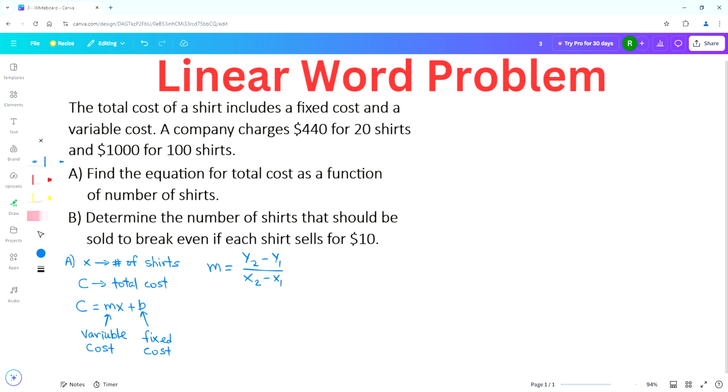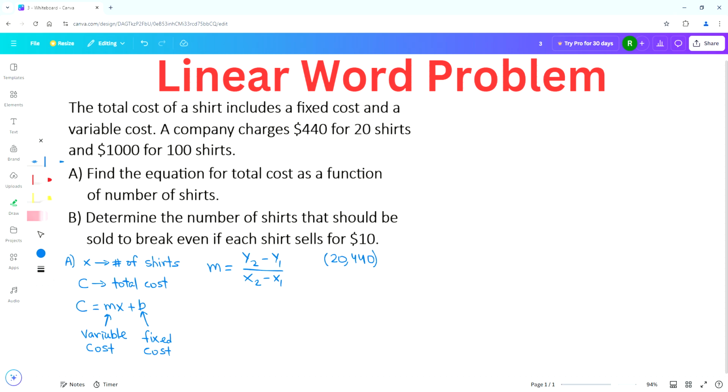We are given 2 points that lie on the linear function. The first point is (20, 440). We write 20 first because that's the number of shirts, that is the independent variable in our linear model.